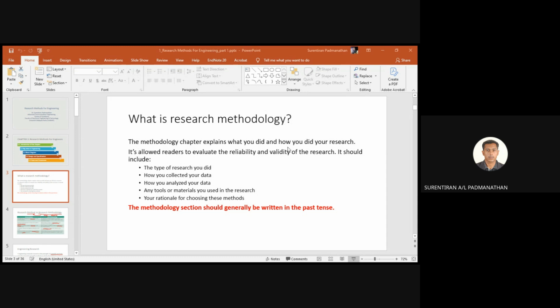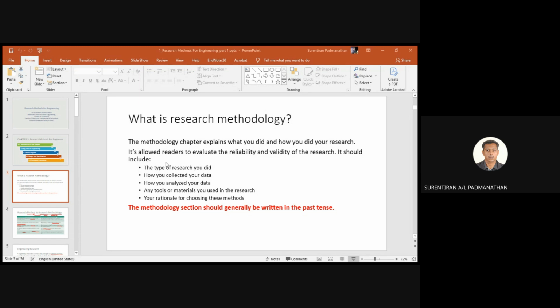From the methodology part, we can know whether this person has used a correct method or a correct approach or not. We can evaluate your reliability and validity. It should include the type of research that you did and how you collected the data.